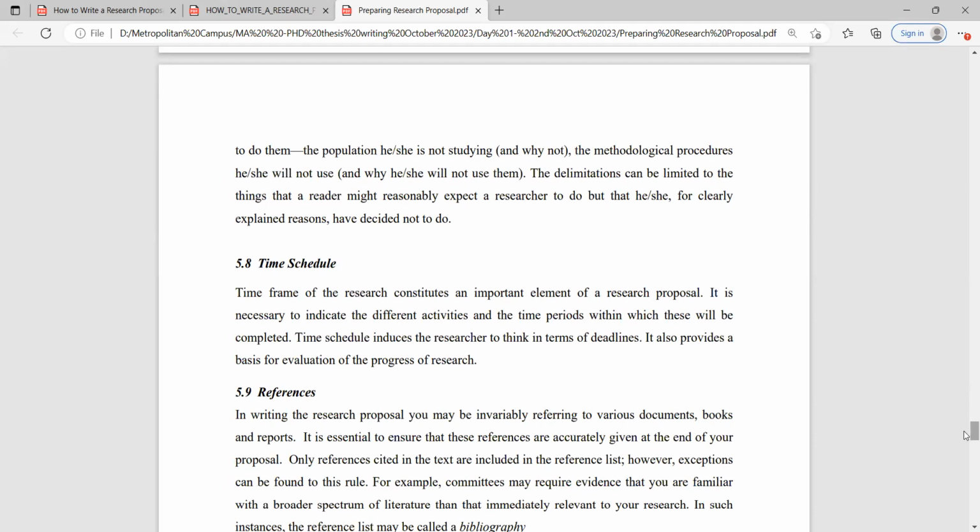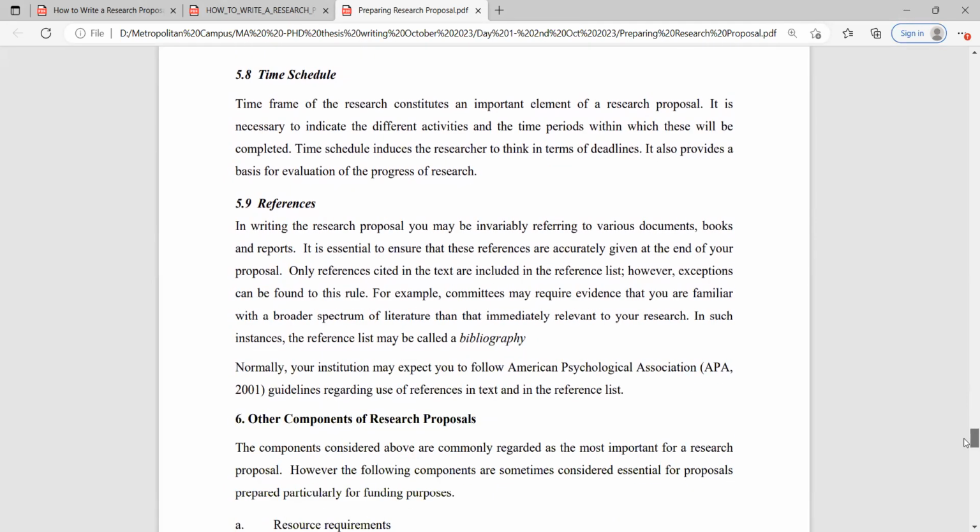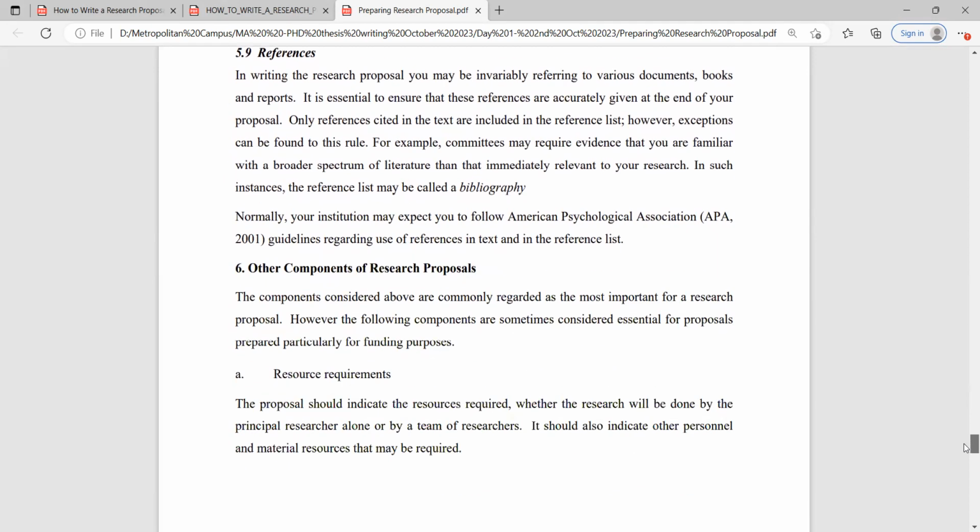And finally, the very, very important thing is your references. So you have to include all your references from where you have taken it, and then you have to use it in a proper referencing style. Normally we use APA, or else you can take Harvard.